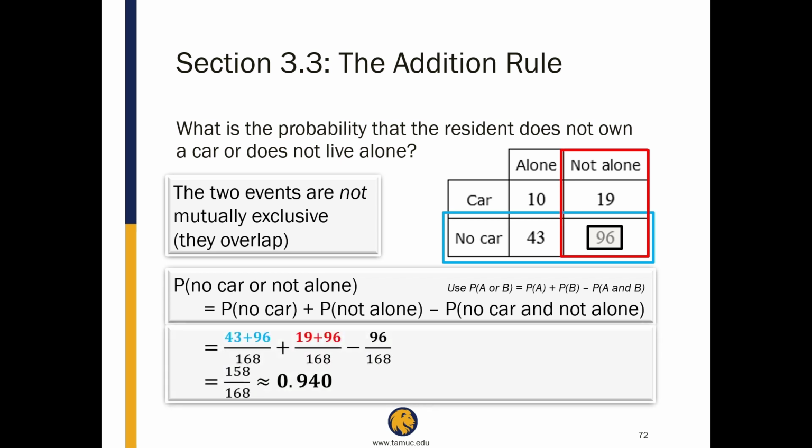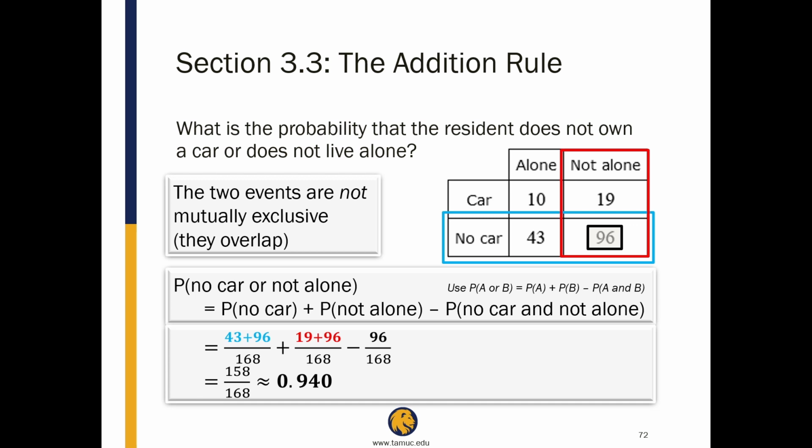For no car, that group is 43 plus 96. For not alone, that group is 19 plus 96. Divided by the total, which they told us is 168 in this particular survey. But we also need to subtract the probability of no car and not alone.